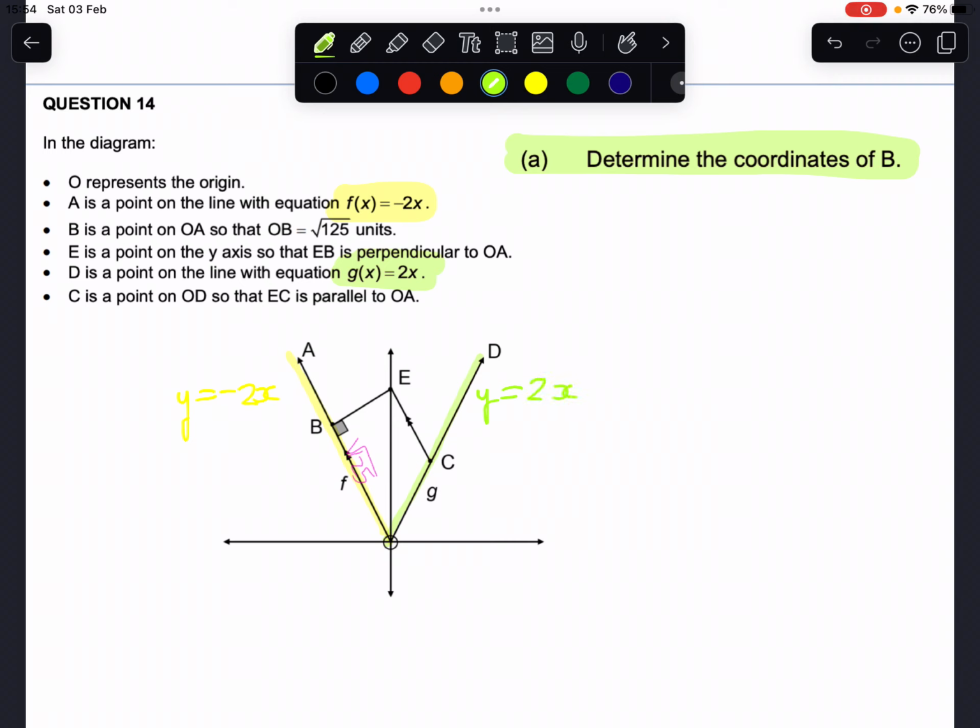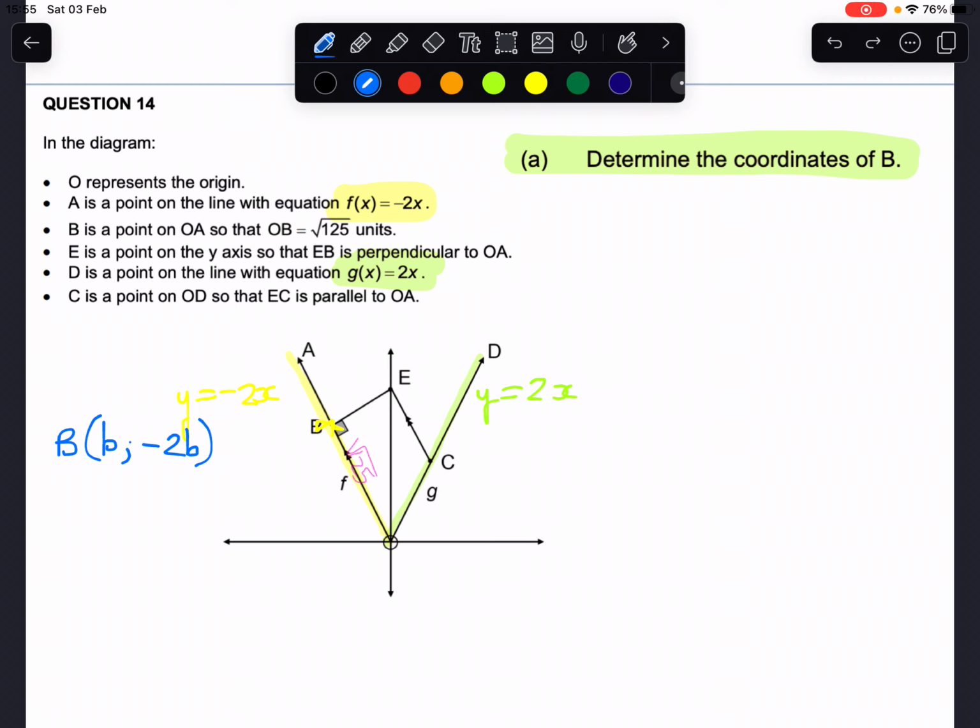So we know that B lies on this line. Maybe let's use a less garish color. So let's say if the x coordinate of B is little b, then we know that the y coordinate will be negative 2b, just because it's on this line.